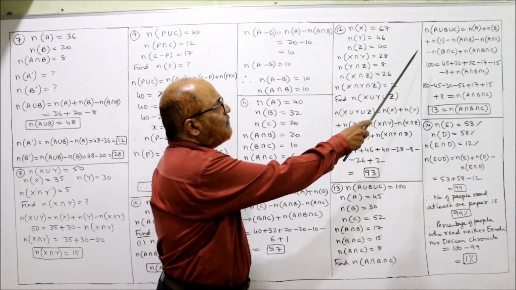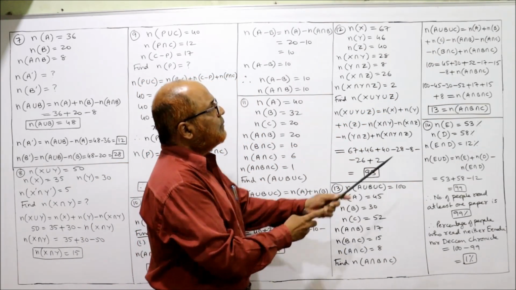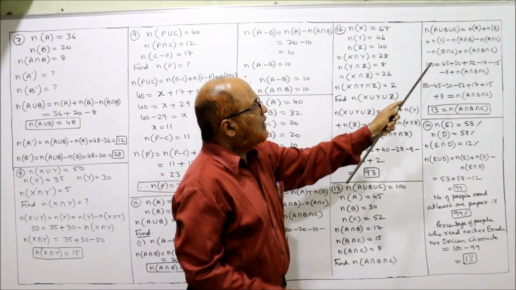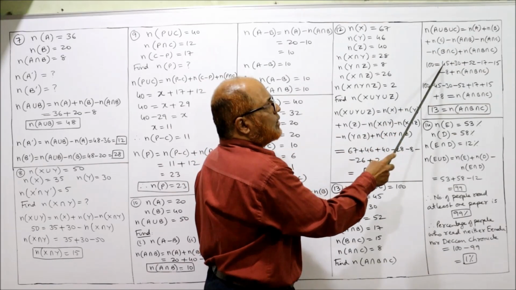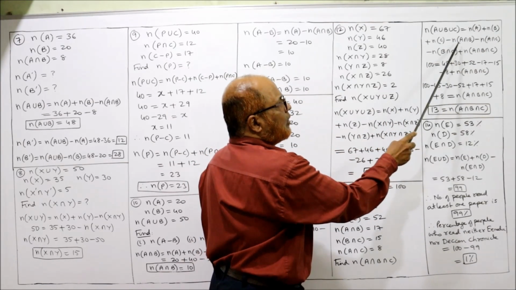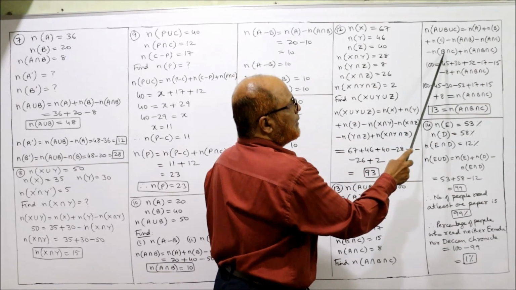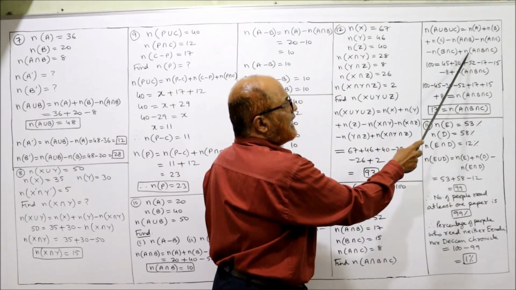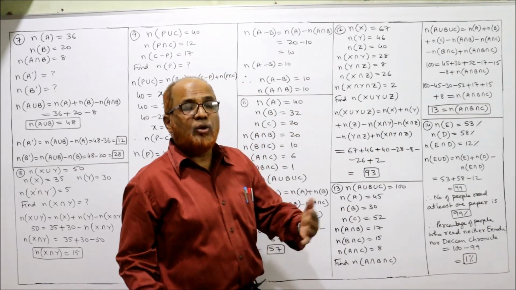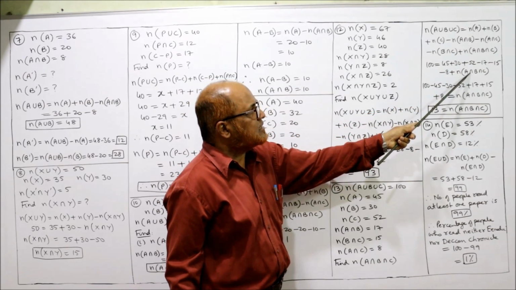Now the value of N A union B union C is given as 100, so I have written 100 in its place. Now the remaining: N A is 45, N B is 30, N C is 52, minus 17, minus 15, minus 8, plus N A intersection B intersection C, which we don't have. The unknown variable is N A intersection B intersection C, as it is.